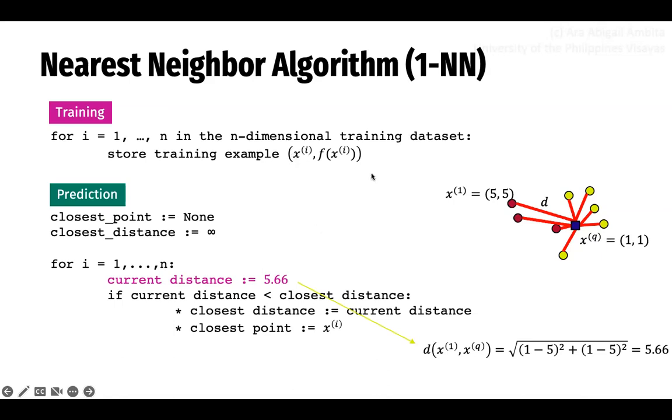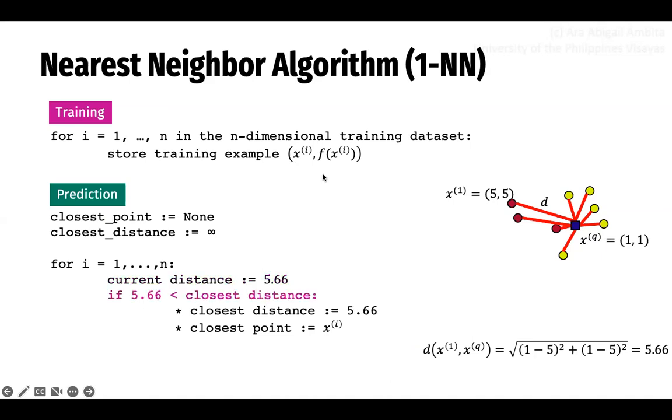So essentially taking the difference between the 2 points, squaring it, right? And taking the sum. So we have 1 minus 5 quantity squared plus 1 minus 5 quantity squared and taking the square root. So it is equal to 5.66. So we now have the current distance, which is 5.66 for the first sample.